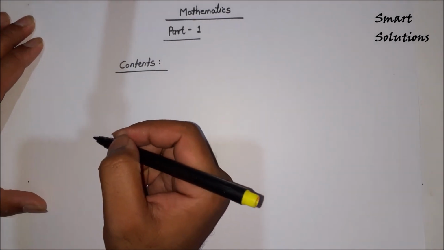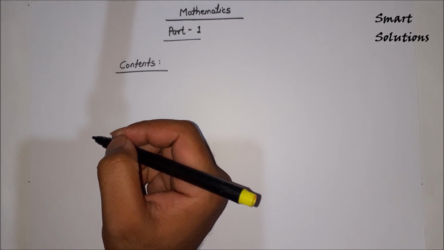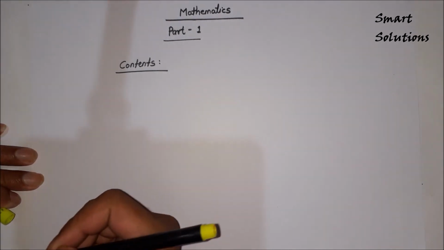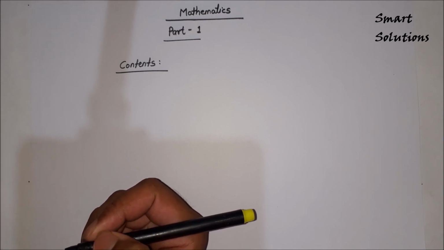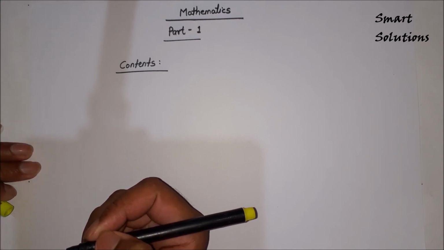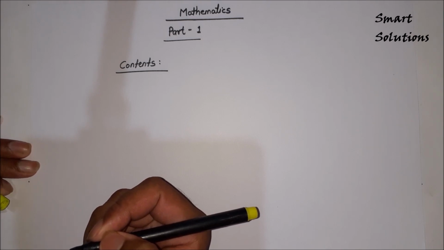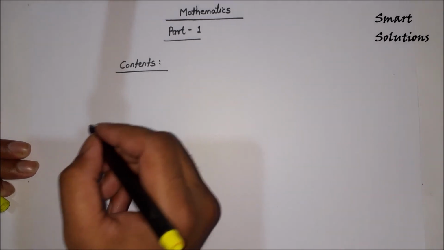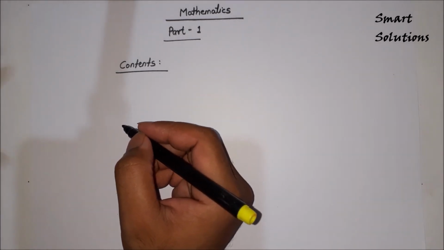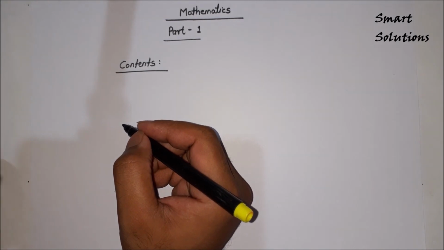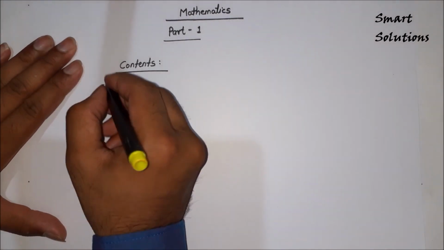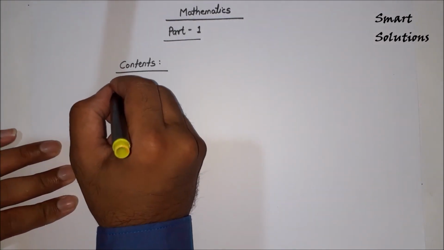What we will do is we will just put down the list of chapters that you are supposed to learn in your standard 9th maths part 1, and as we go through these chapters we will introduce you and we will study in deep what are the contents and all that. So now let me just put down the list of chapters before you so that you will have a general idea of what actually is the curriculum.